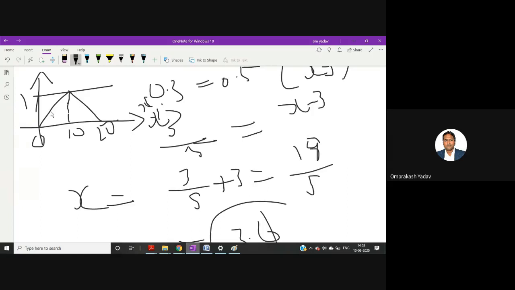So what you can do, x minus the lower limit, x minus 0, divided by the range for that particular line. So range is 10 minus 0. Here it should be y equal to, but this should be multiplied by the amplitude, which I didn't tell you at that time.